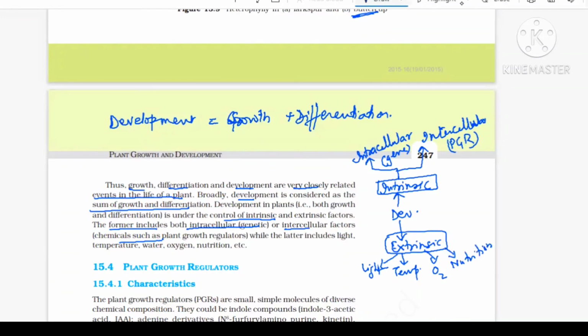So your development is under the control of both intrinsic and extrinsic factors. Intrinsic factors include intracellular genetic factors and intercellular PGR. And extrinsic factors include light, temperature, oxygen, and nutrition.